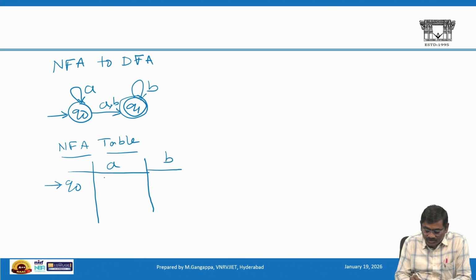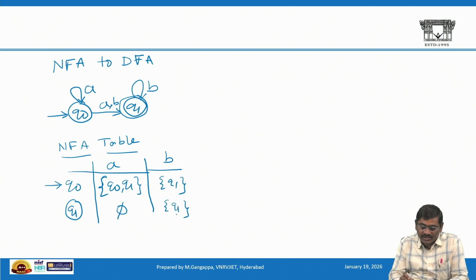Q0 on a goes to Q0 and Q1. Q0 on b goes to Q1. Q1 on a, there is no transition, so phi. Q1 on b goes to Q1. Now this is the NFA table.